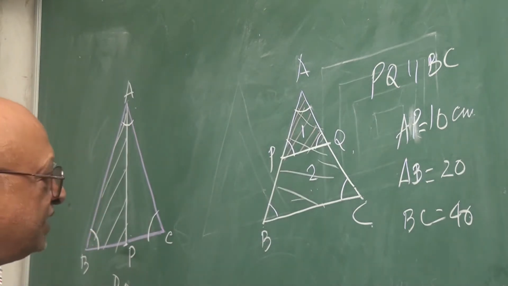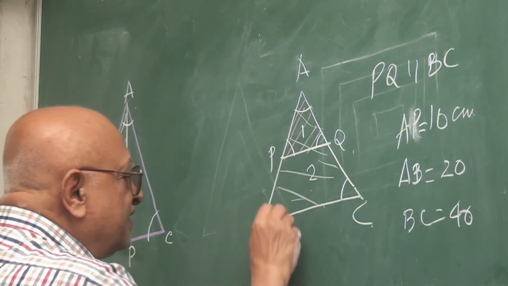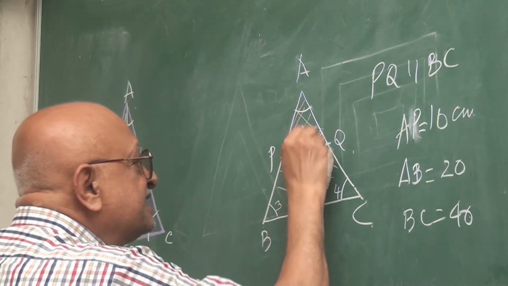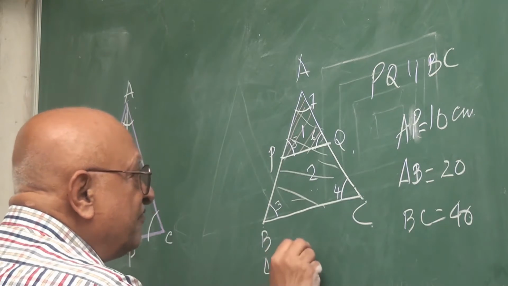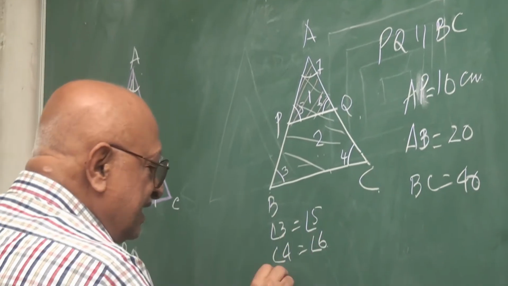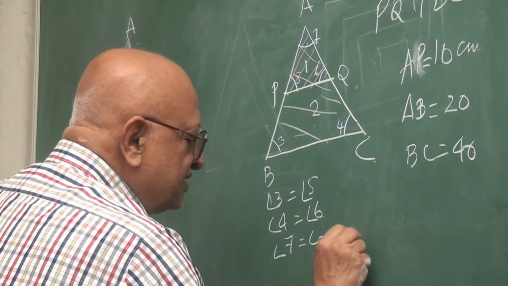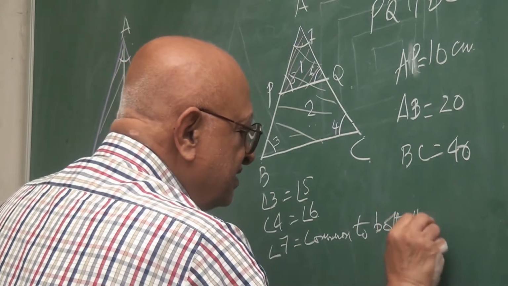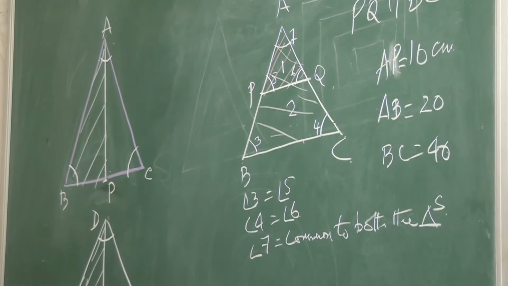So I write angle 3 is equal to angle 5, angle 4 is equal to angle 6, and angle 7 is common to both the triangles.